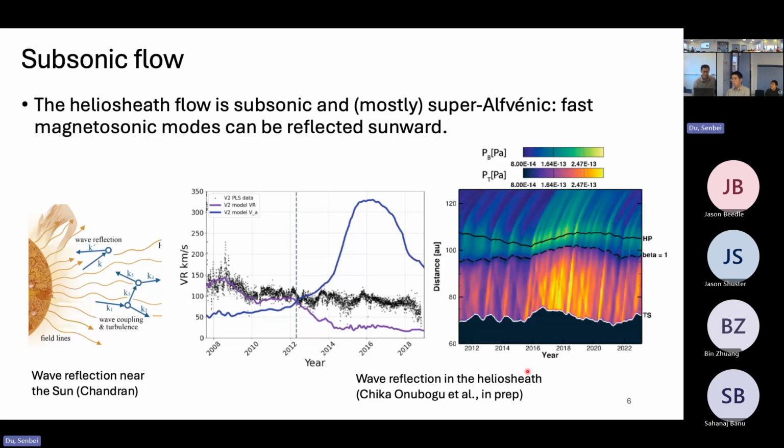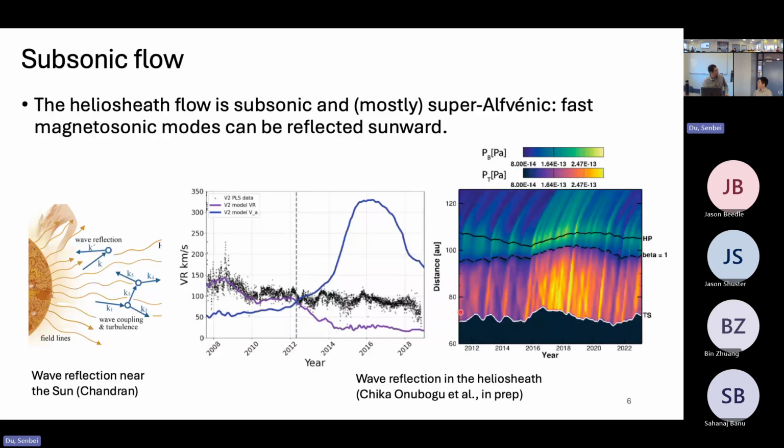So these are still ongoing works by one of the BU students. Let me explain it again. These are the spatial temporal plots. The vertical axis is distance. Here is roughly the termination shock, and this is roughly the heliopause, and time is on the horizontal axis.